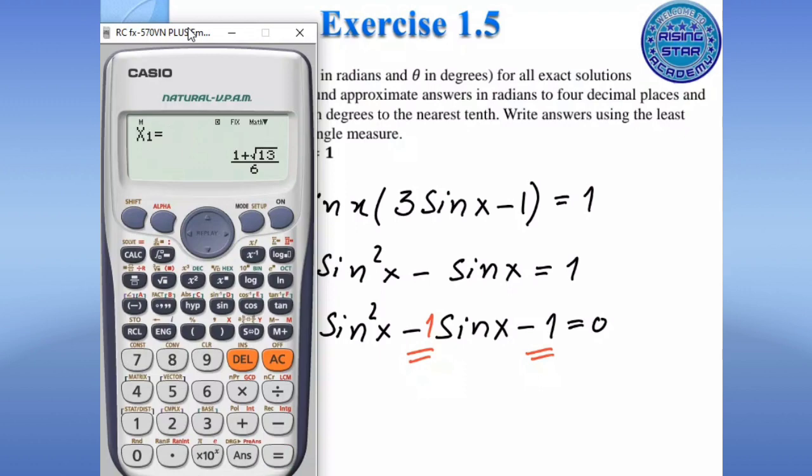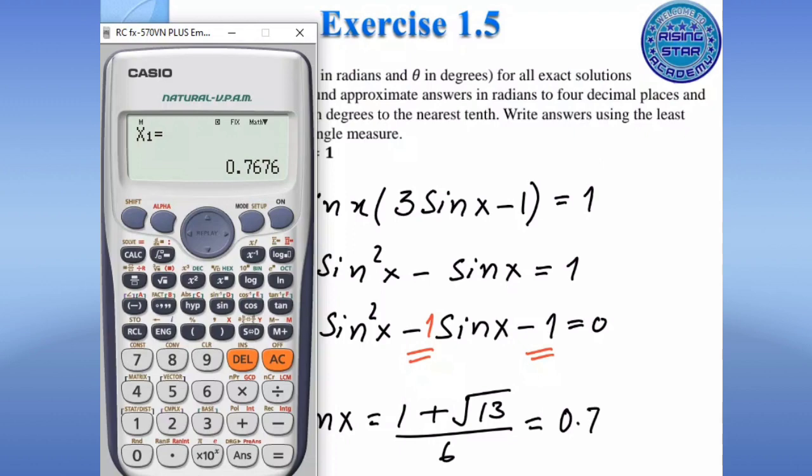So my first answer, the x1, that would be, or sine of x, would become 1 plus root 13 divided by 6, or if I want to convert into decimal, I would click on this button, so that would be 0.7676.